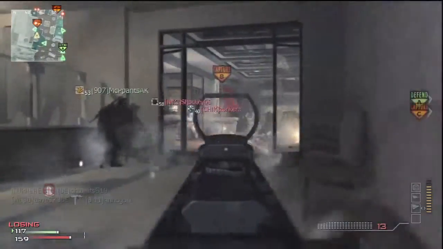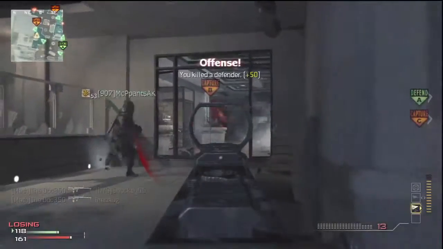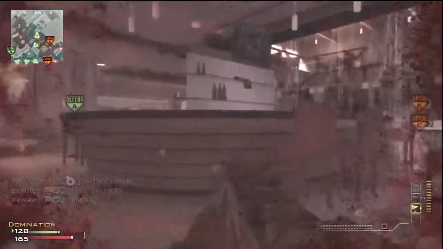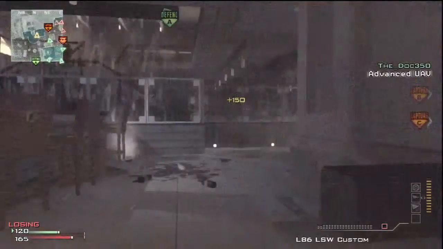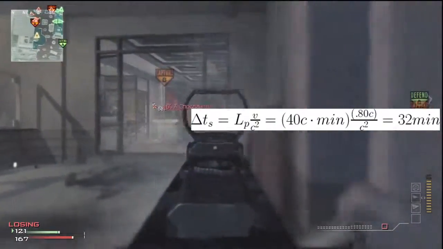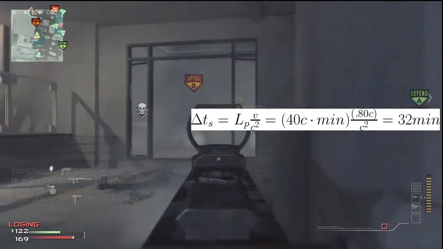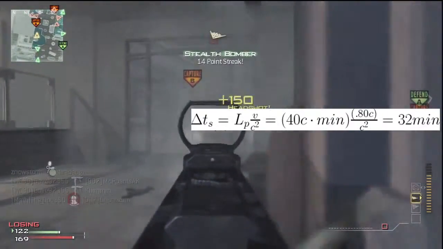We take our result from part C, the 40 light minutes, x2 minus x1, and plug that into our last equation, delta ts equals L sub p times v over c squared. We plug everything in, and look at that, 32 minutes.